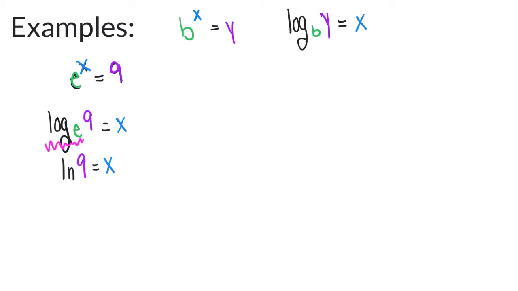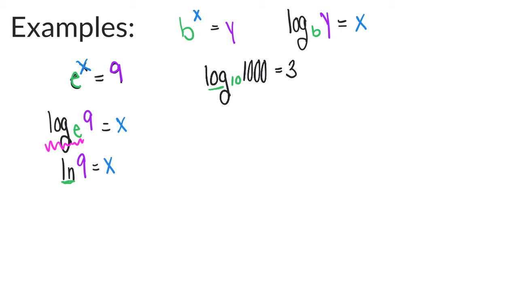Let's take a look at another example. What if we started off with a logarithm? So a log of 1,000 equals 3. Now remember, as mathematicians, we don't always write it, but there's a base there that is base 10. So if you don't see any subscript, assume that it is base 10 if it's the common log, or base e if it's the natural log.